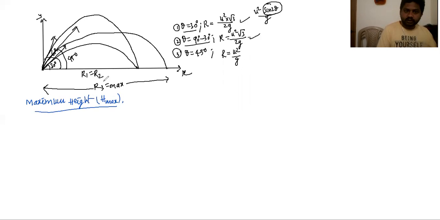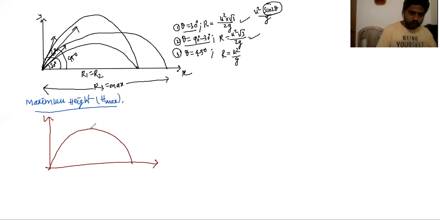To derive this maximum height, let me draw once again a simple projectile motion picture, because without going back, we can do it here itself. So this is the maximum height. At maximum height, Vy is 0, and this is the direction of ux, which is equal to u cos theta.